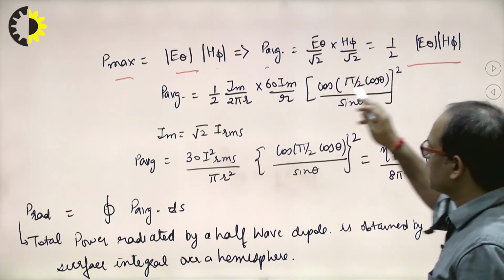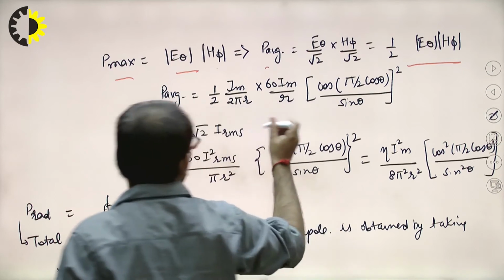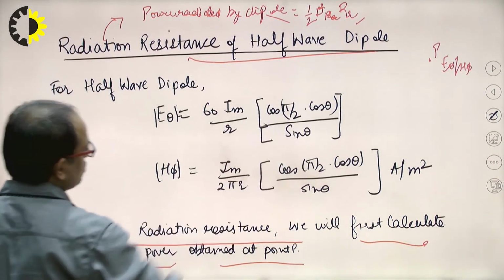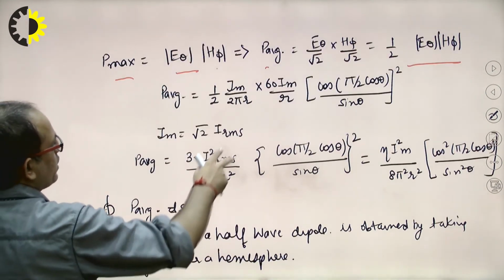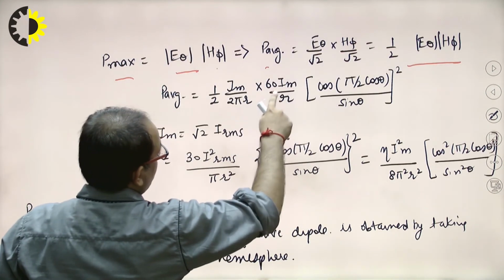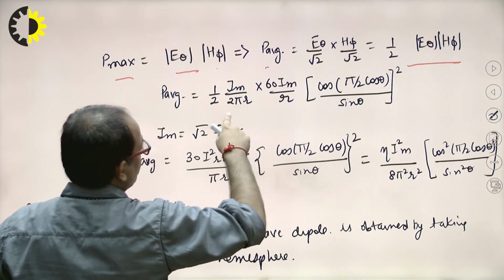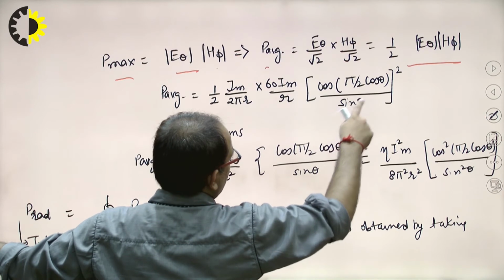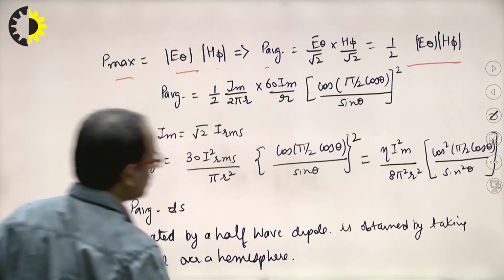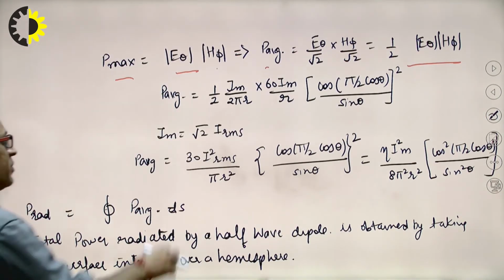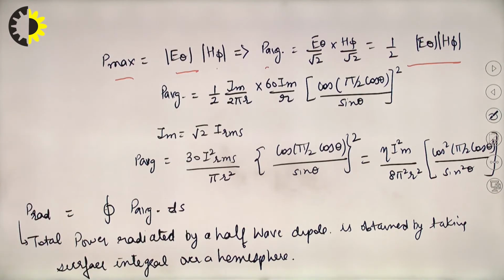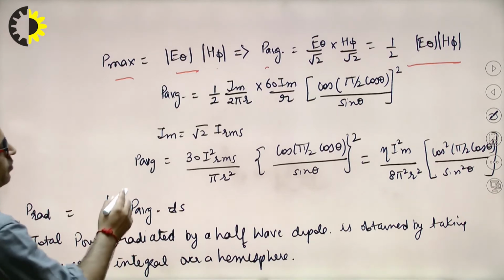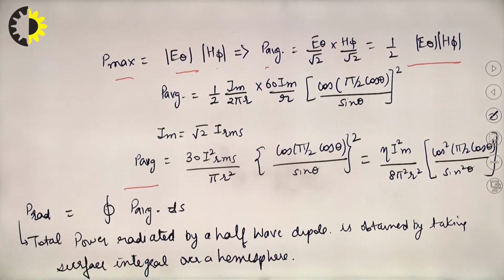On putting the values of E theta and H phi, and multiplying these two components, you will get I square m into 60 upon 4 pi r square into cos of pi by 2 cos theta whole square divided by sin square theta. Now Im will be equal to what? Root 2 of I RMS, so Im square is 2 I square RMS. Just put this value, and you will get P average equal to this.